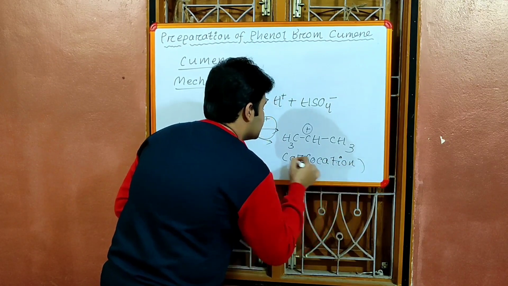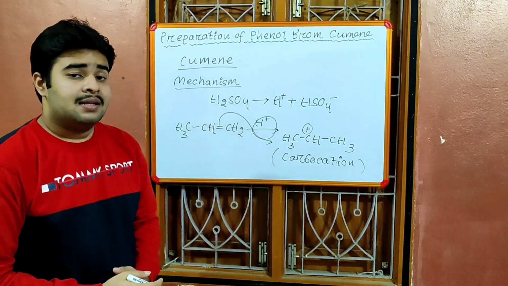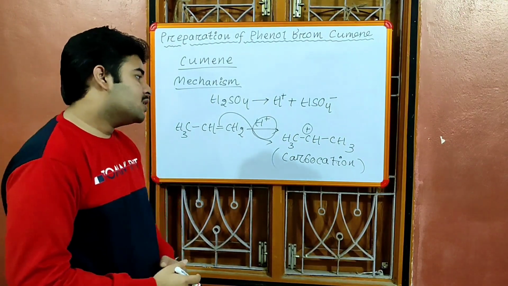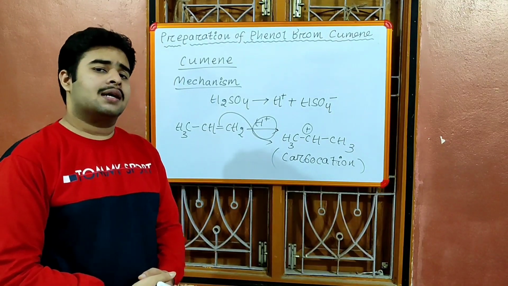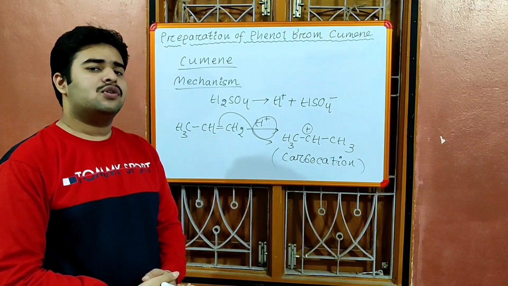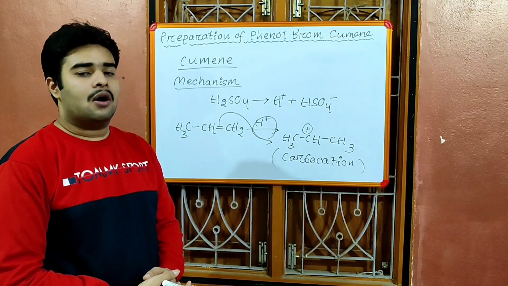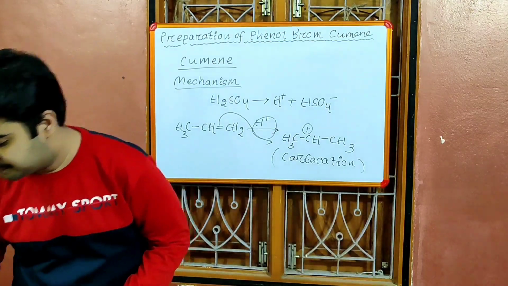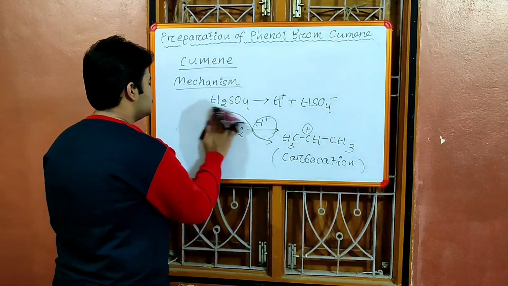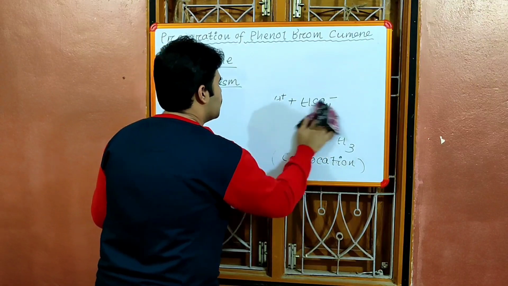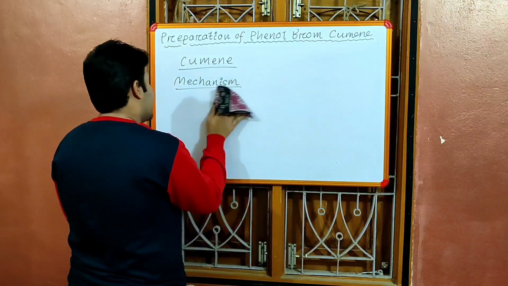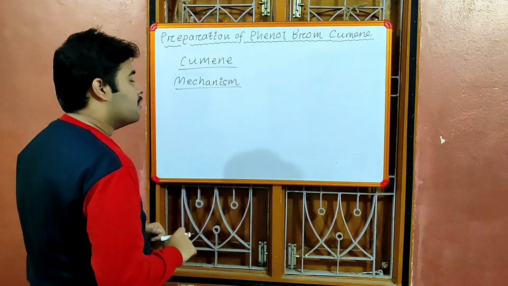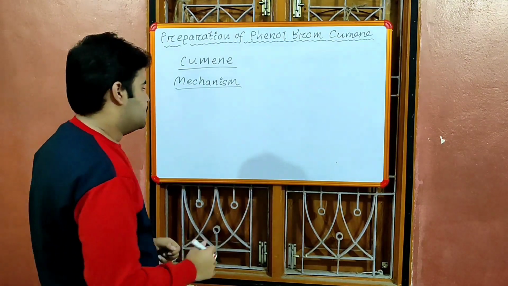So what is our other substrate? That is our benzene. Next we have to see how the interaction between our carbocation and benzene will occur. Now our benzene will react with this carbocation, our isopropyl carbocation.